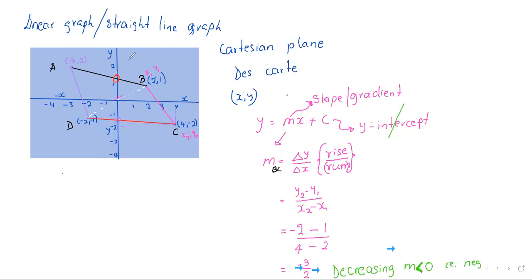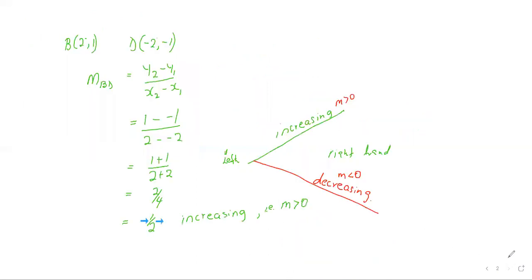Now, let's get the position where BC will cut the y-axis. This is the slope of BC. Now you go back here.